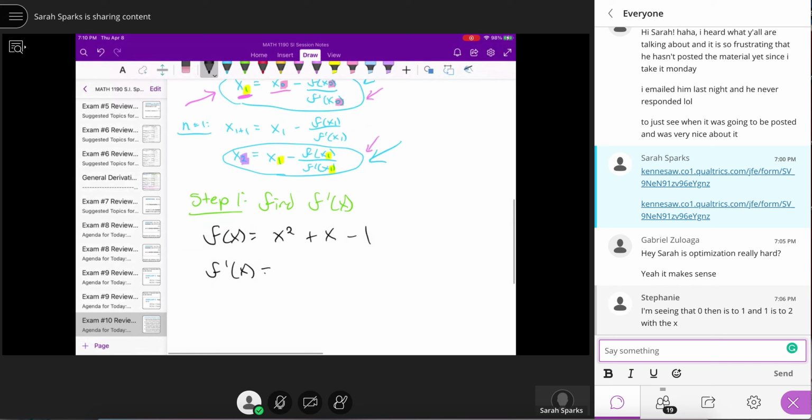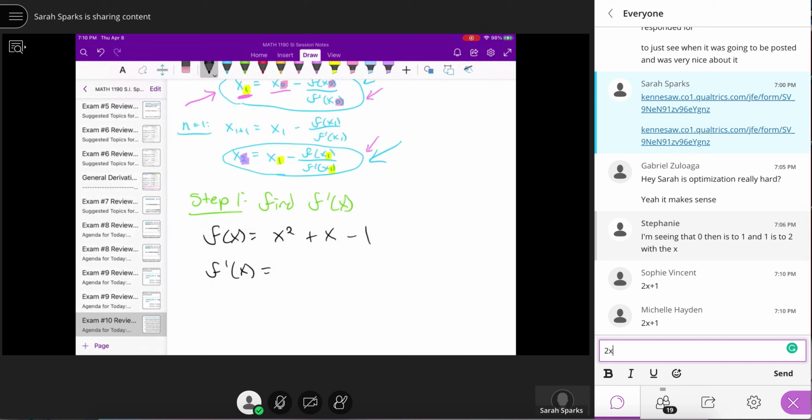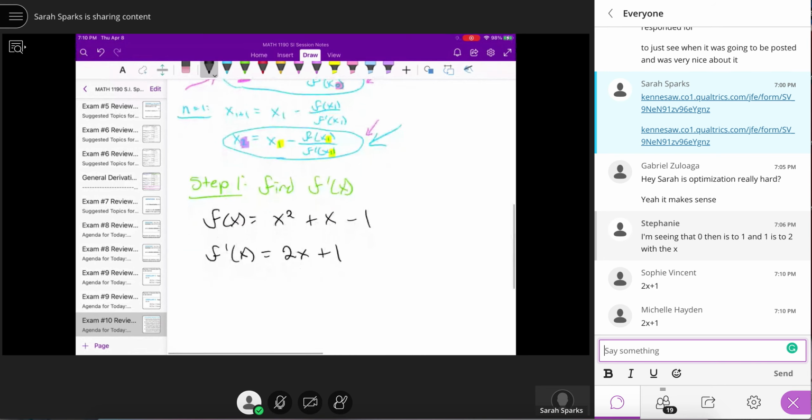So what would our f prime of x be? Yeah, exactly. It's just going to be 2x plus 1. Right? That's not too bad. So we're done with that.